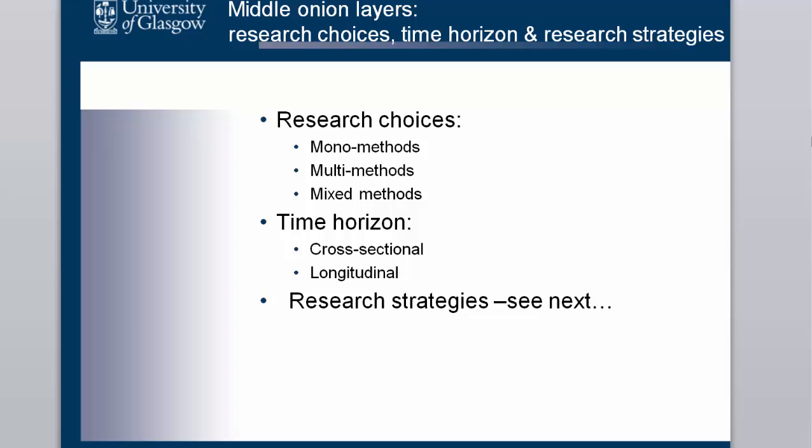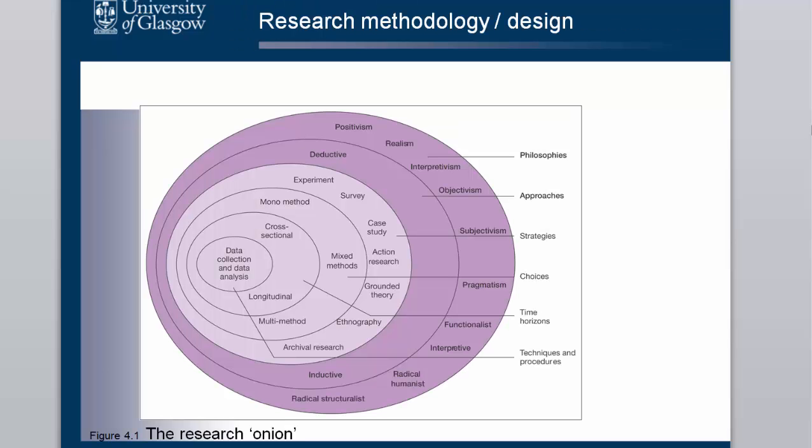so lecture 4. In terms of time horizon, so this layer here, whether your research is longitudinal or cross-sectional is really given by whether or not you're using a database. And if you are using a database, just look to see if the data is longitudinal or cross-sectional.